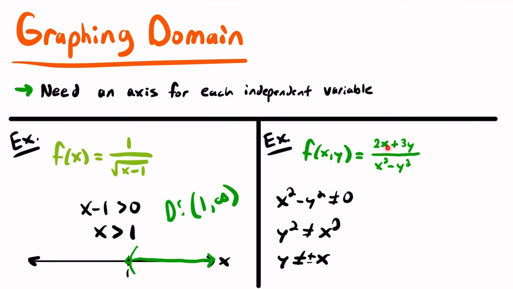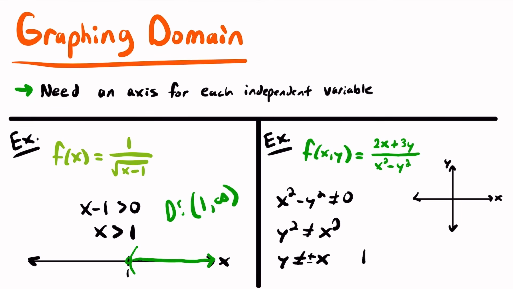Because remember, this is a multivariable function with two independent variables, so when we graph the domain, we're going to need an axis for each of those independent variables, which means we'll have two axes, and so we're in two dimensions, okay? So here's our 2D coordinate system, or our xy plane. This is the y-axis, and this is the x-axis.